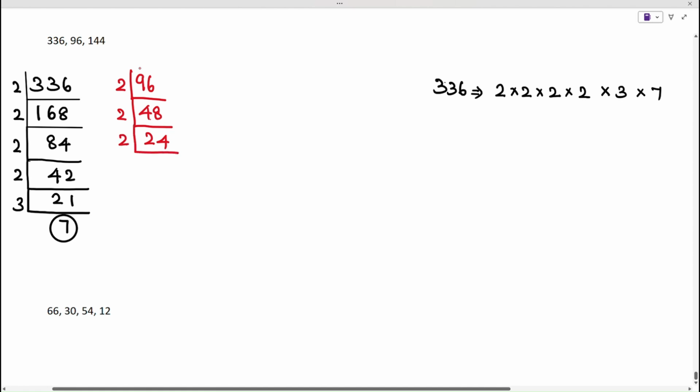If we divide it by 2, we get 12. 12 is even, so if we divide it by 2, we get 6. 6 is even, so if we divide it by 2, we'll get 3. 3 is prime, so we don't have to go any further, and we can write 96 as a product of its primes as 5 2's, 2 times 2 times 2 times 2 times 2, and times 3 at the end.